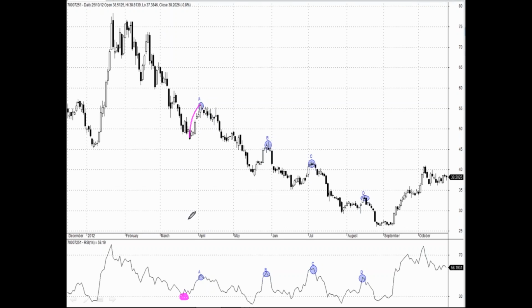Prices move up, RSI moves up, and again falls to the oversold zone. Take your sell here. Again prices move up, RSI moves up, but the RSI does not carry to the overbought area.